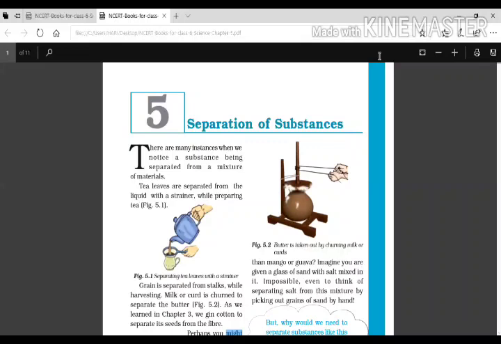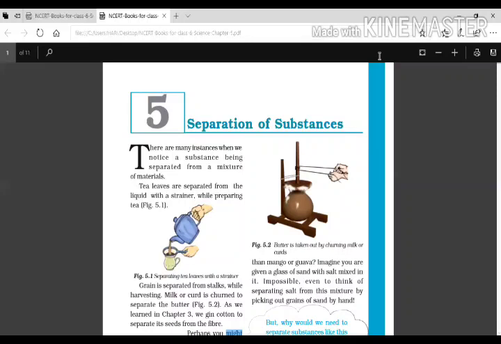That means tea leaves are used for preparing the tea, but they should be separated before serving. In the same way, you might have seen your mothers cleaning the pulses or grains before cooking, because there may be some stones or other harmful things along with the grains and the pulses. They should be separated and thrown out before cooking.